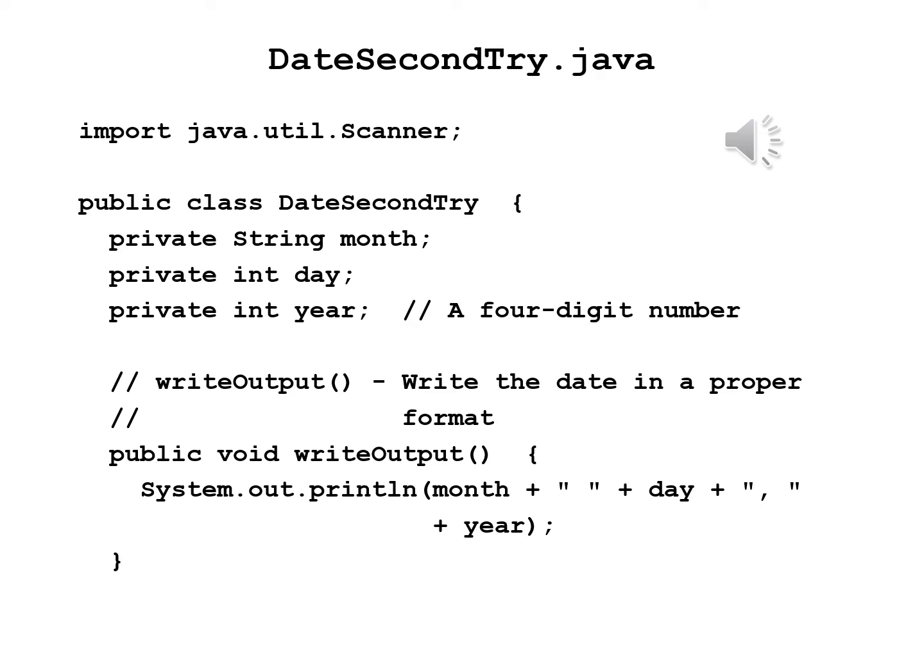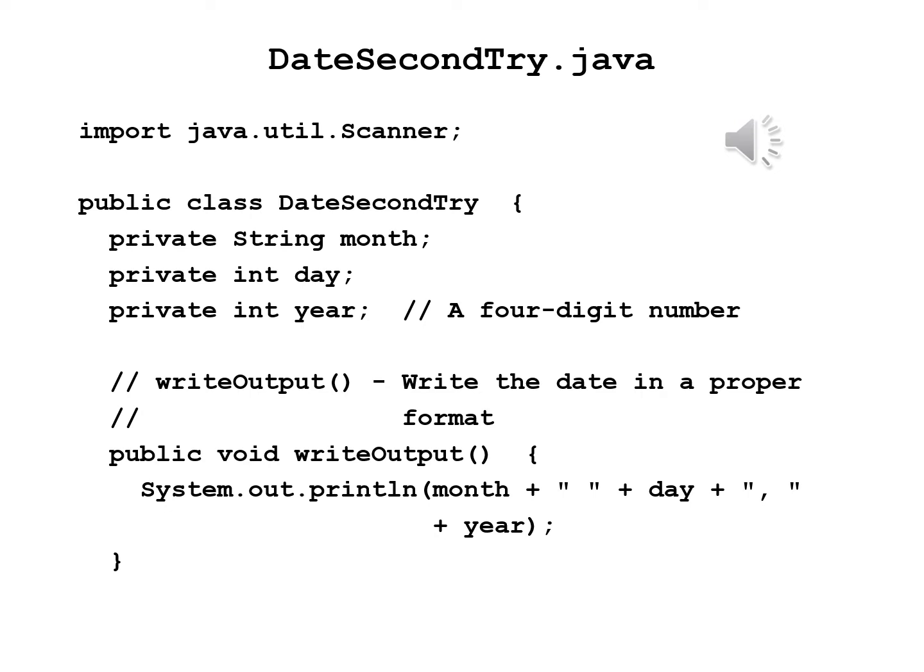Now that we know that a method belonging to a certain object can use that object's private data, let's try to write a new version of the class Date. Import java.util.Scanner, public class DateSecondTry, open brace. We declare its properties. Private String month, private int day, private int year, with a comment reminding us it's a 4-digit number.